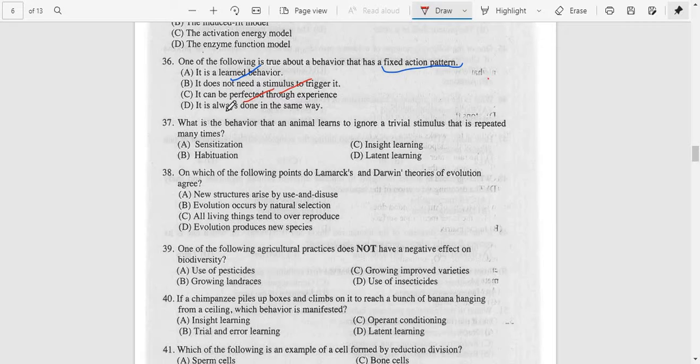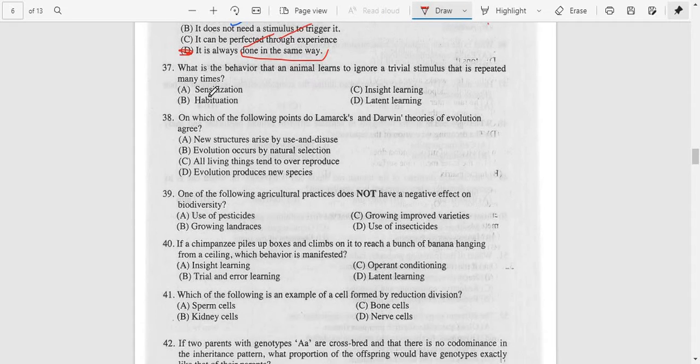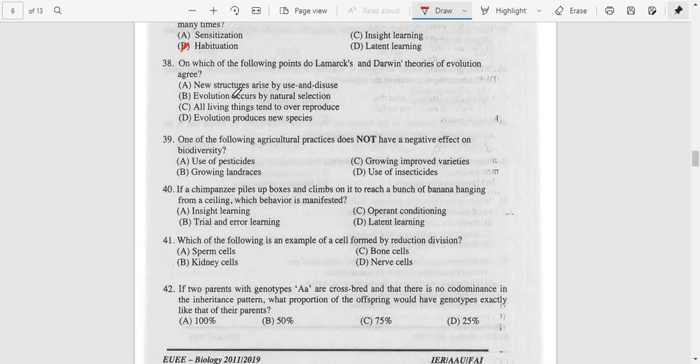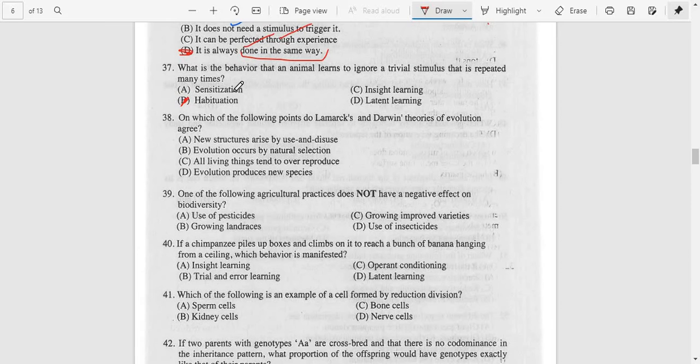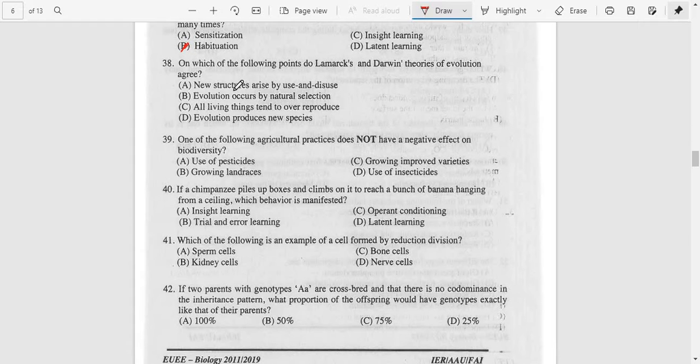Our answer is this. Okay, let's continue. What is a behavior that an animal learns to ignore a trivial stimulus that is repeated many times? This is habituation. We'd better go quickly to keep the video short.